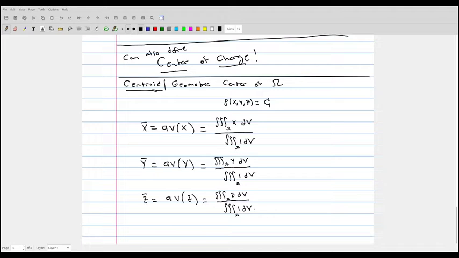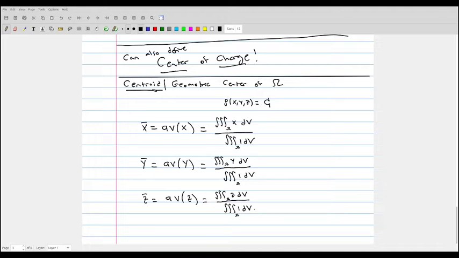For a given mass density function, the mass is distributed in different places in your region, and doing the calculations for the center of mass will give you a different value than the centroid. This is very important in engineering applications, because if you're trying to, say, use composite columns or build something with composite material, you have to really think about where the true center of mass of your object is if you want to build it correctly and make sure that it's balanced.